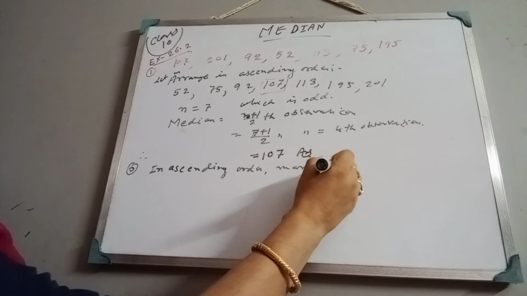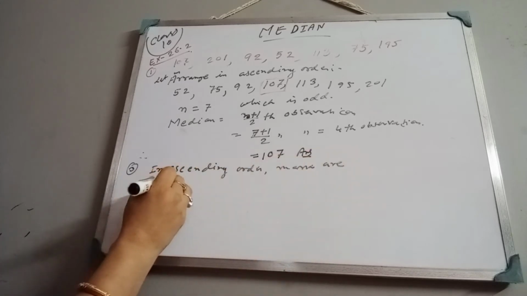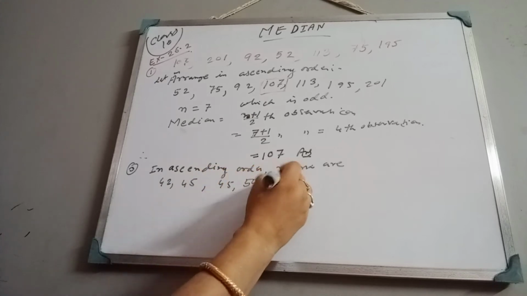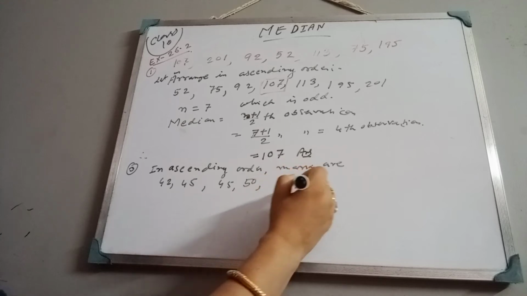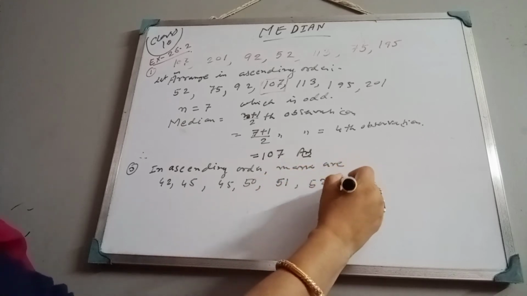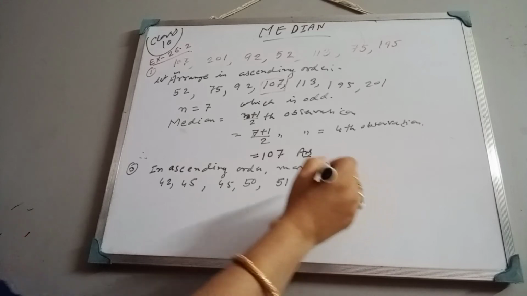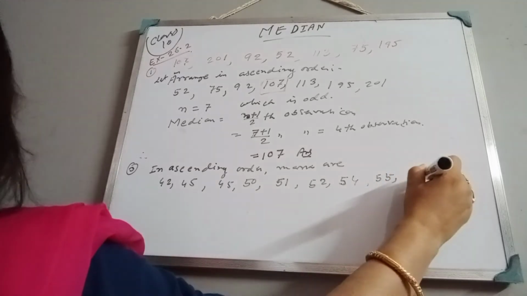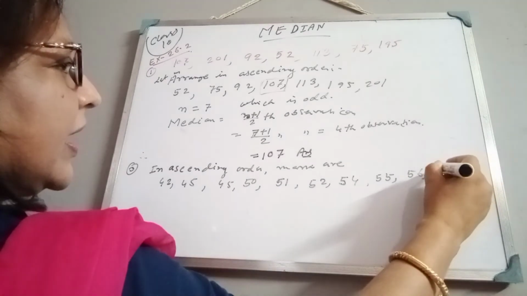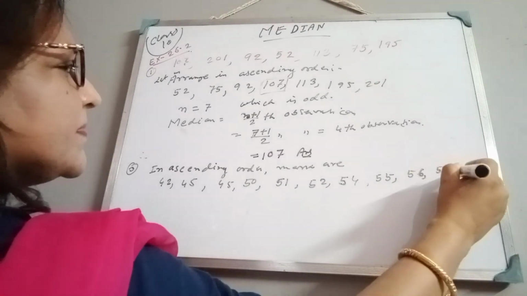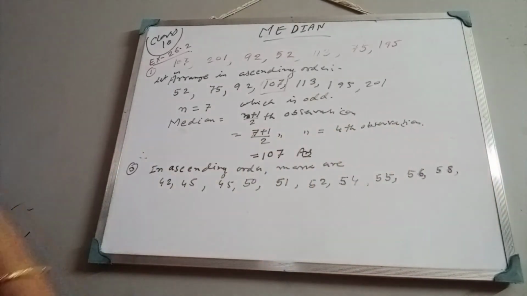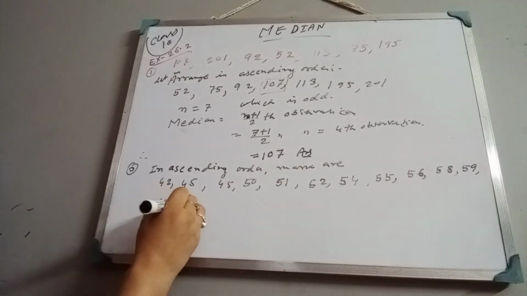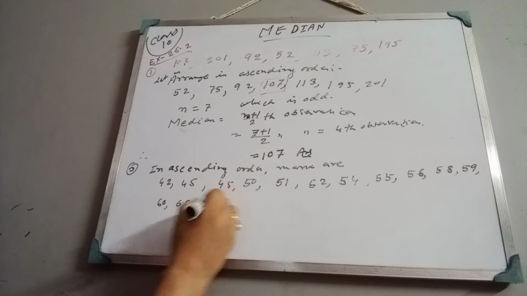Let us write this: 42, 45, 45, 50, 51, 52, 54, 55, 56, 58, 59, 60, 62, 64. These are the marks.